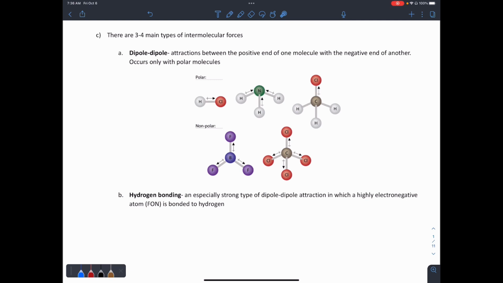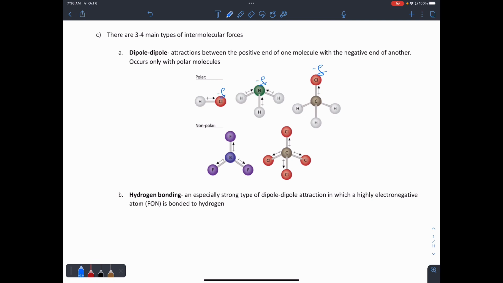Here are some examples of some polar molecules. You're aware of HCl, where the Cl side of the molecule has a negative dipole moment, and NH3, where the side with nitrogen, and this third molecule, where the side with chlorine has a negative dipole moment.